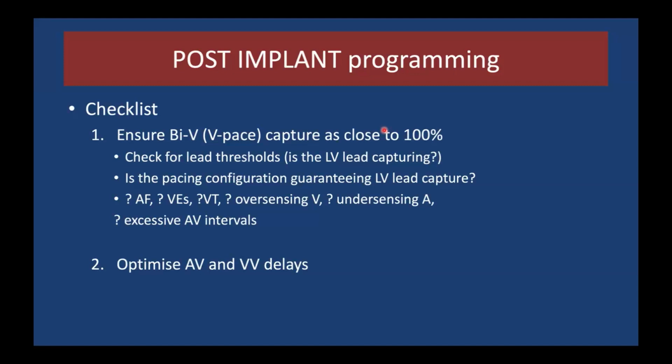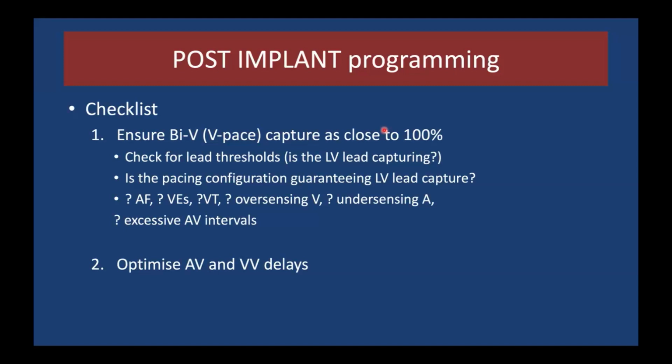Sometimes you capture the RV ring believing that you've captured the LV tip. So when you're looking at the pacemaker vectors, make sure that you're not dealing with one of those parameters that will create a false reassurance that you're capturing the left ventricle.